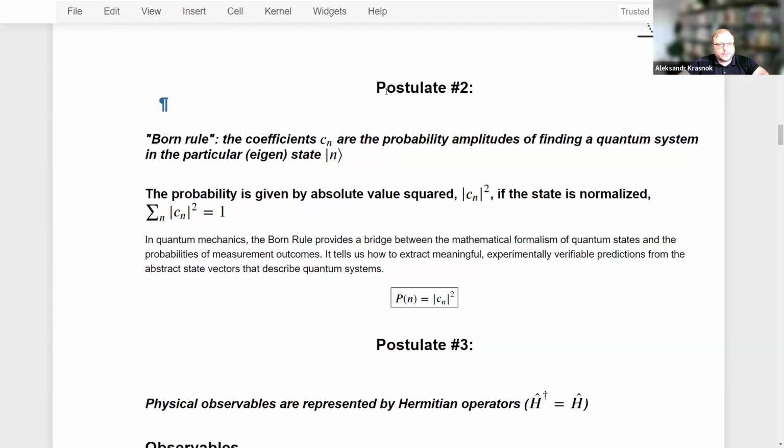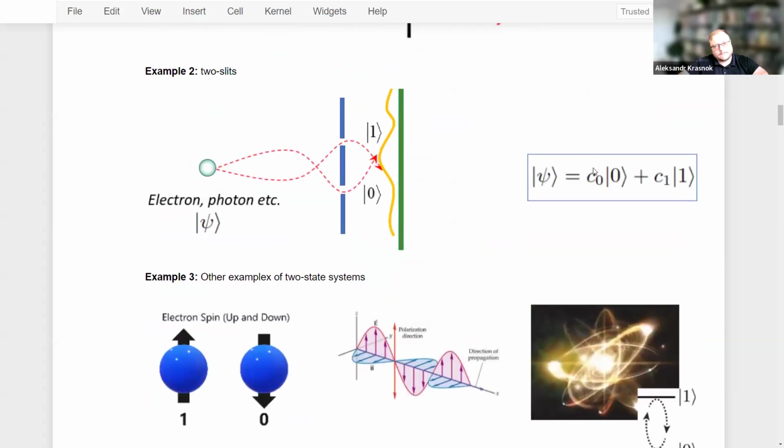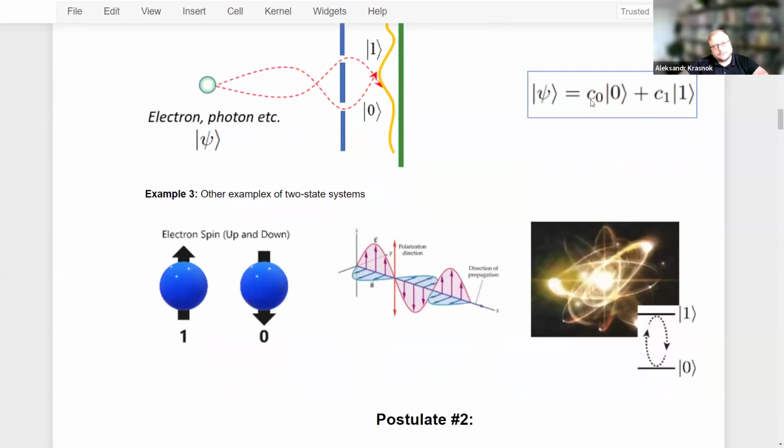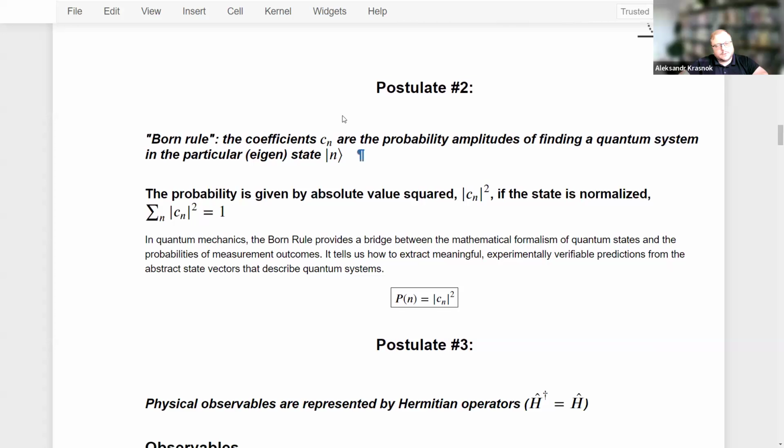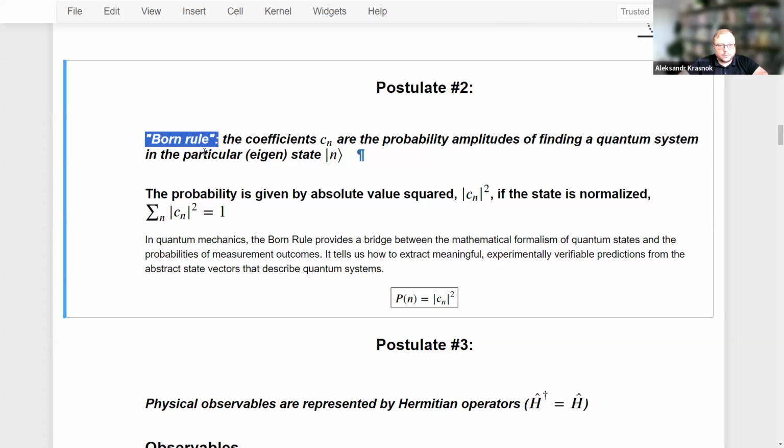Which brings us to postulate 2. The vector in the Hilbert space gets some projections on the basis vectors. What is the physical meaning of these projections? It is given by the rule called Born's rule.